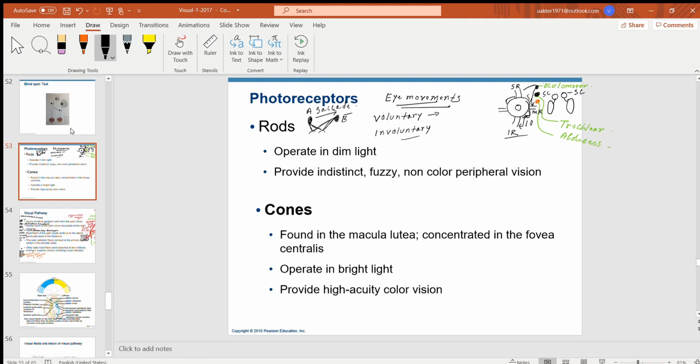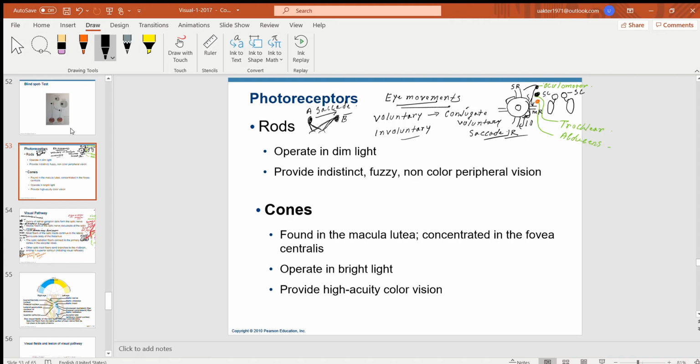So that's why this is called conjugate eye movement. Voluntary eye movement is the saccade.